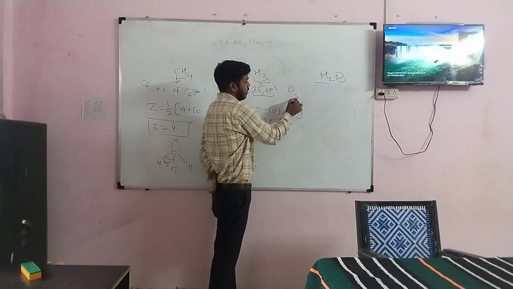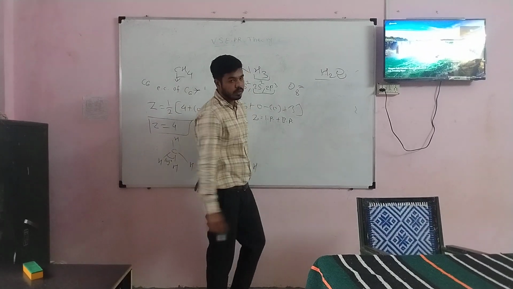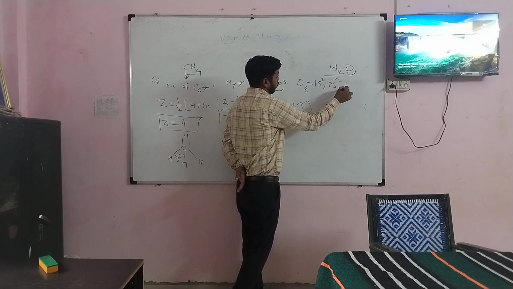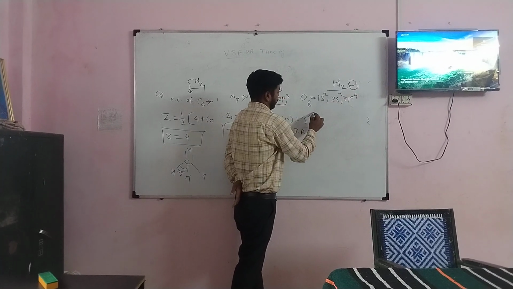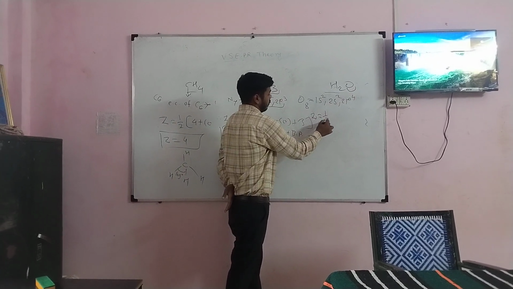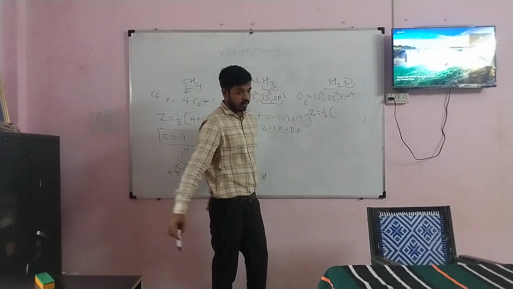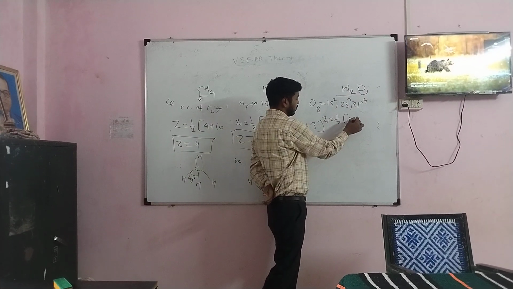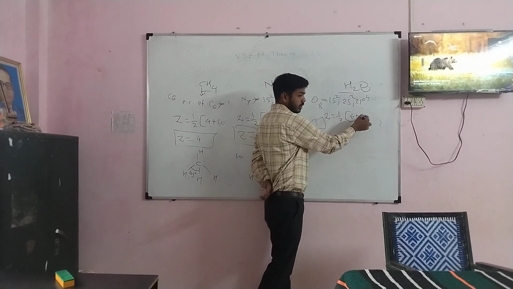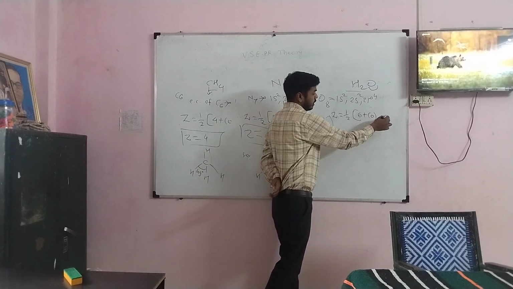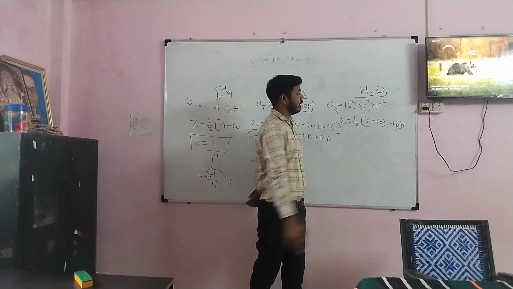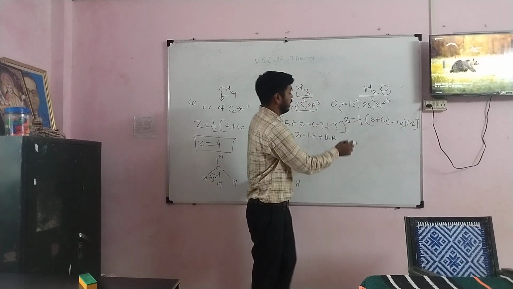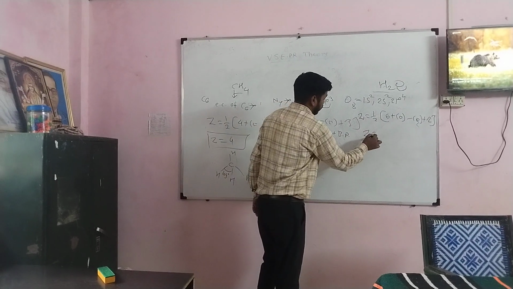Then the last example is oxygen. Oxygen atomic number 8. Then the electronic configuration of oxygen is 1s2, 2s2, 2p4. Z is equal to 1 by 2. Number of valence electrons on the central atom is 2 plus 4, 6, plus any negative charge 0, minus any positive charge 0, plus number of monovalent atoms are 2, that is 6 plus 2, 8, 8 divided by 2, 4.